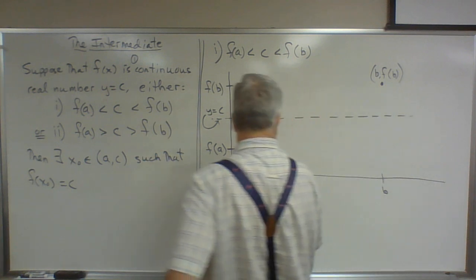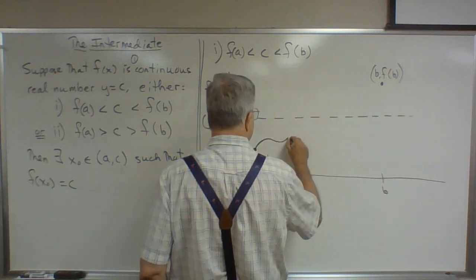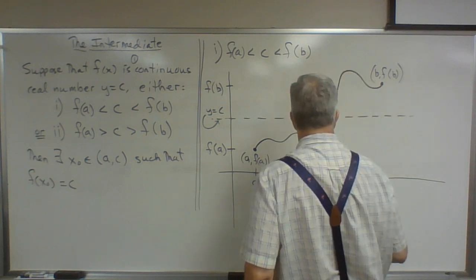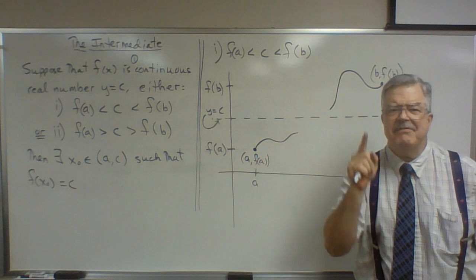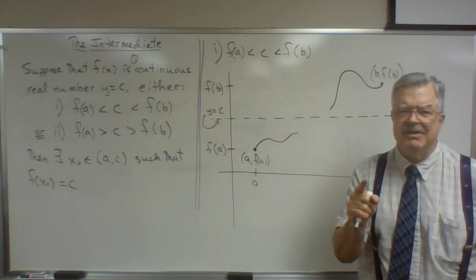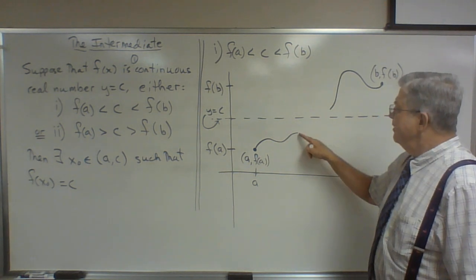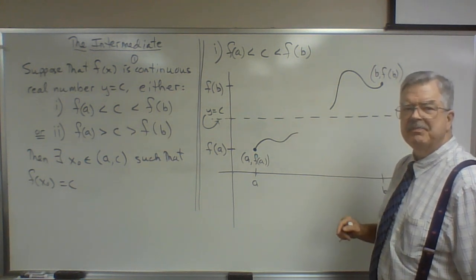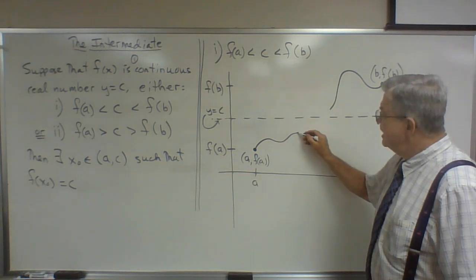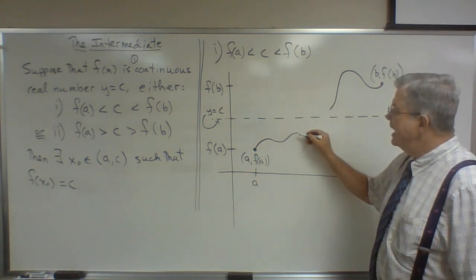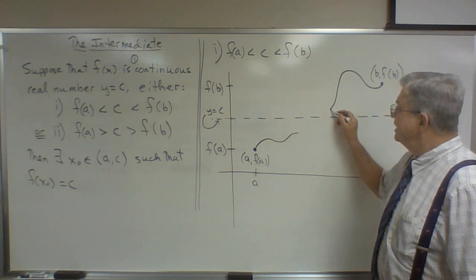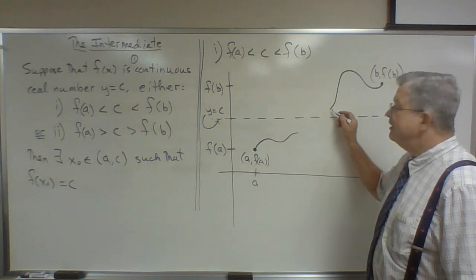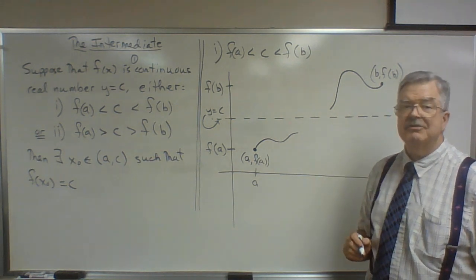So let's see. The graph may go like this, and the graph may go like this. But you know, if the graph is one connected piece, this section of the graph and this section of the graph have to be connected. And we can't get from here, below the line y equals c, to here, above the line y equals c, without going through this line, y equals c.